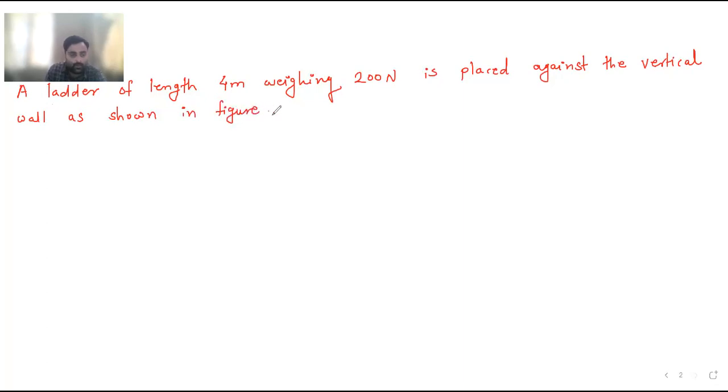So the figure is given to you. The coefficient of friction between the wall and ladder is 0.2.